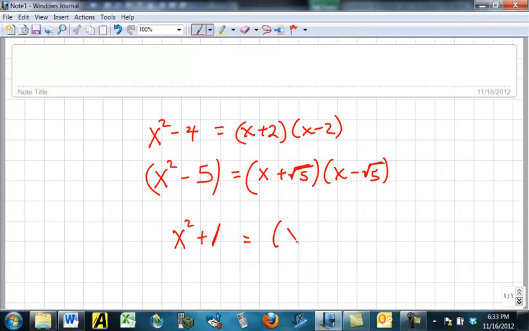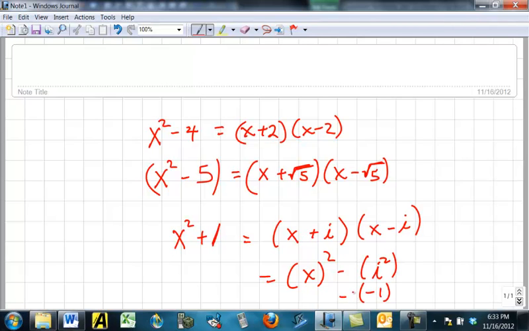But if you allow complex numbers, you can factor it as x plus the imaginary number i, times x minus the imaginary number i. See, notice this is x squared minus i squared. i squared is negative 1. And x squared minus negative 1 is x squared plus 1. So it does factor if you allow complex numbers.